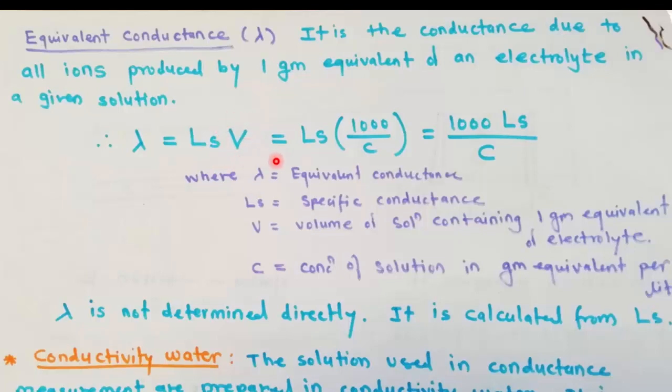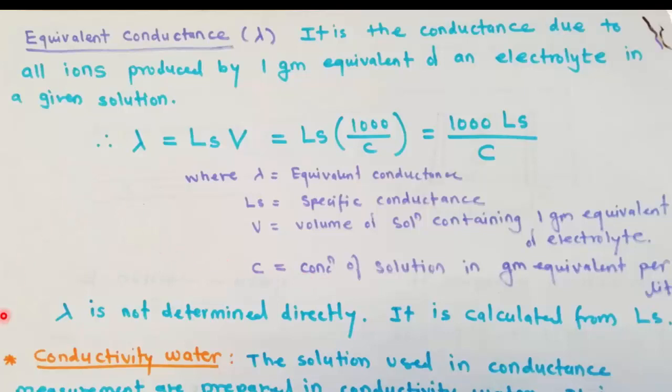Now this V can be converted into 1000 upon C, and C stands for the concentration of solution in gram equivalent per liter. So therefore the equivalent conductance lambda is equal to 1000 into Ls upon C. Ls stands for the specific conductance of the electrolyte and C stands for the concentration of solution in gram equivalent per liter.